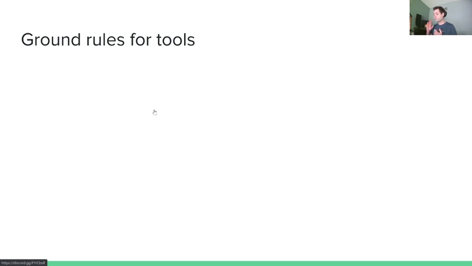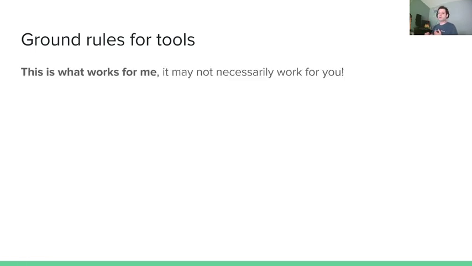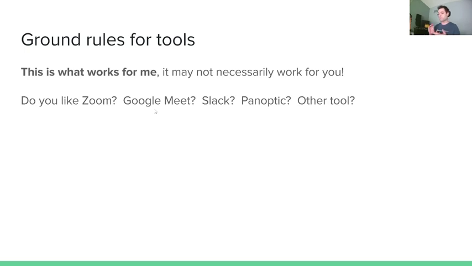First of all, some ground rules, maybe caveats. This is what works for me. I really like this tool chain. I'm not a huge fan of some of the other ones that are out there, but if you like Zoom, if you're a big fan of Google Meet, which we're obviously using here for the other stream, you like Slack, Panopto, WebEx, any of the numerous tools out there, use those.